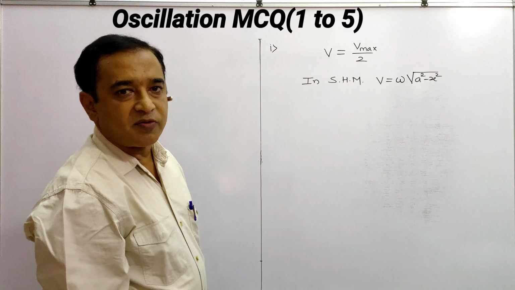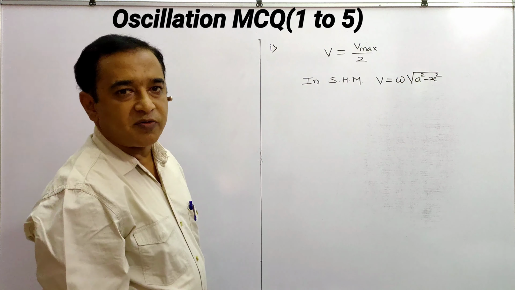Option A is correct: A root 3 upon 2, whereas this A is nothing but your amplitude, and here we are considering A as amplitude, so both are equal. So this option is correct.